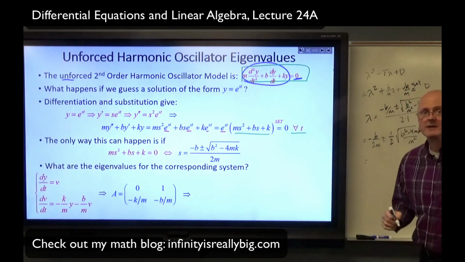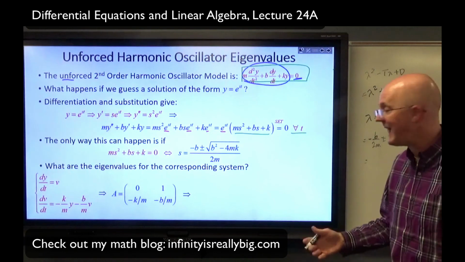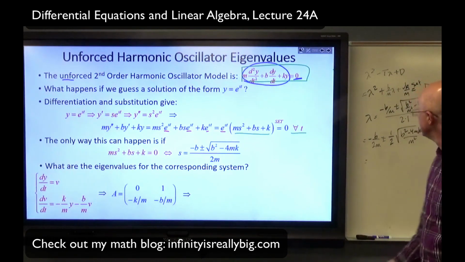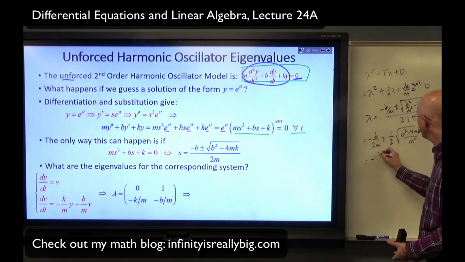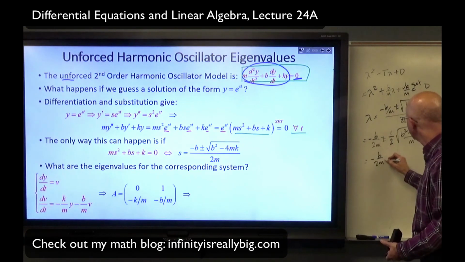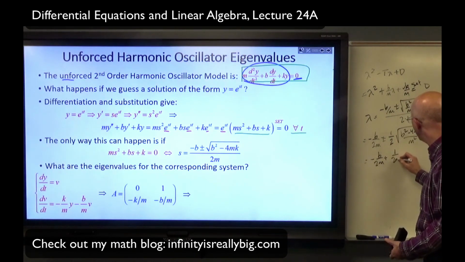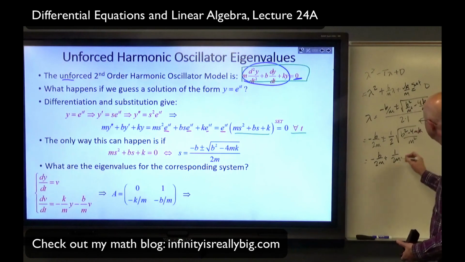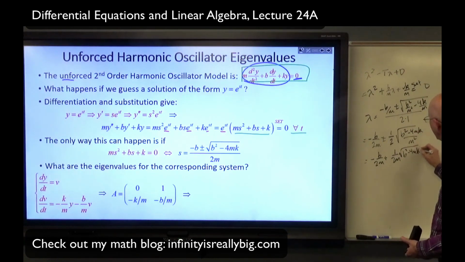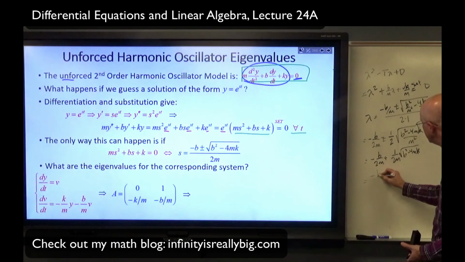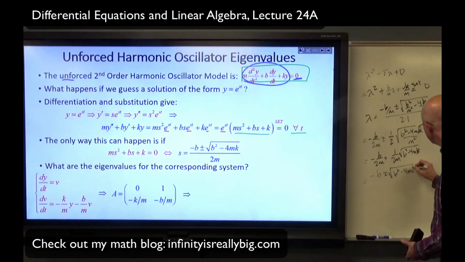Square root of m squared in general is the absolute value of m, but hey, m is positive, so I don't need absolute value signs. I can write this as negative b over 2m plus or minus 1 over 2m square root of b squared minus 4mk. And then I can write this as one fraction, negative b plus or minus the square root of b squared minus 4mk divided by 2m.